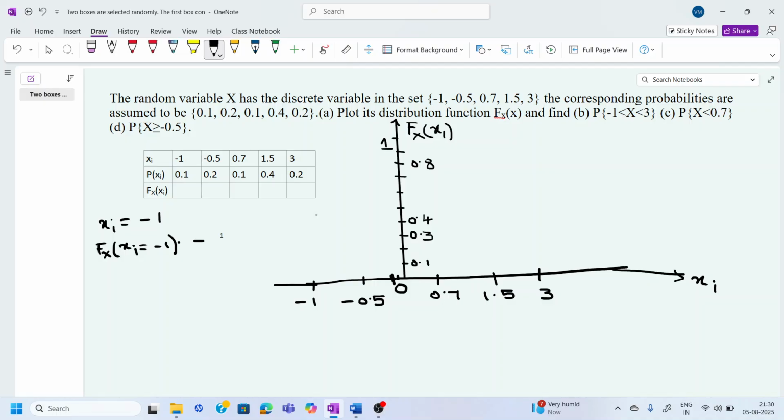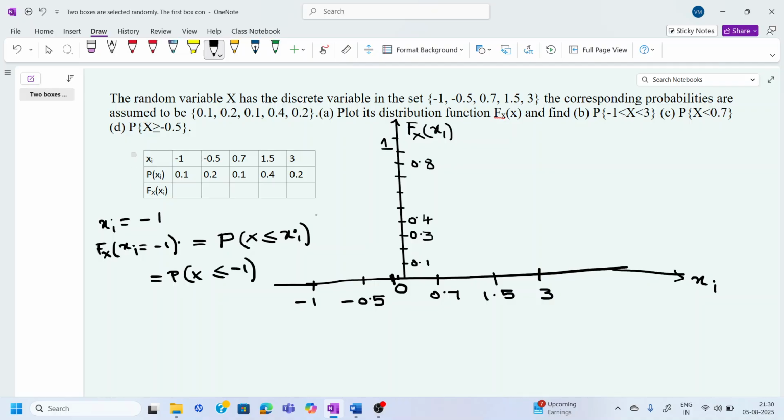The distribution function is nothing but probability of x less than or equal to xi. Here xi value is -1, so this is equal to probability of x less than or equal to -1.